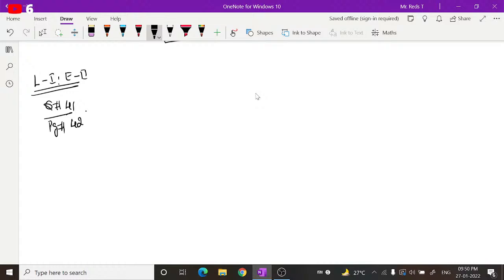Let us try to write the given data by reading the question once again. A ball of mass 4 kg, let us take it as initial mass, M1 is equal to 4 kg, moving with the speed of 3 meters per second, the initial speed of the first one. It has a head-on collision with a 6 kg mass, M2 is equal to 6 kg, which is initially at rest, means U2 is equal to 0.